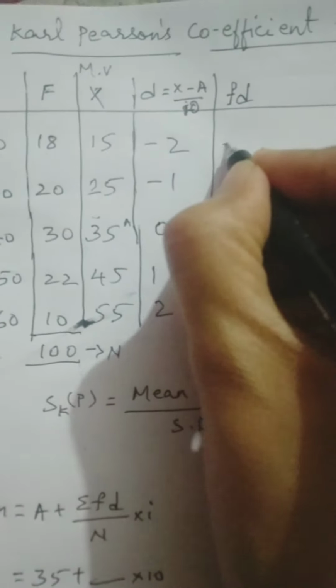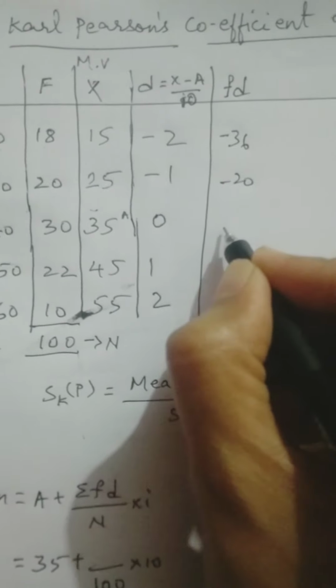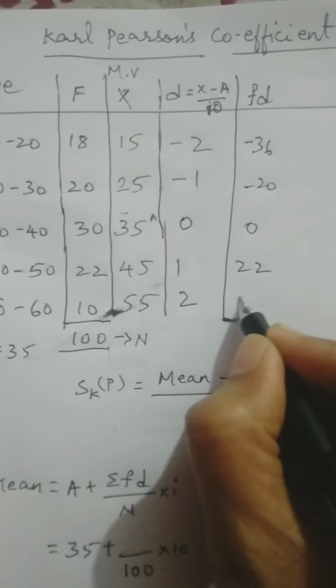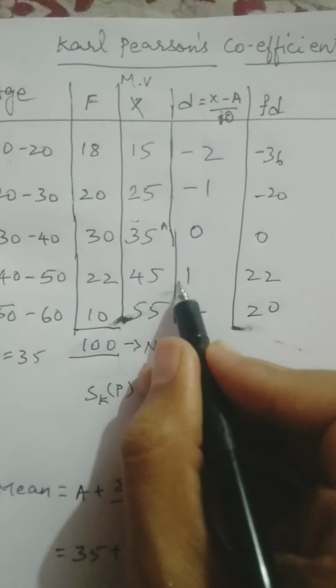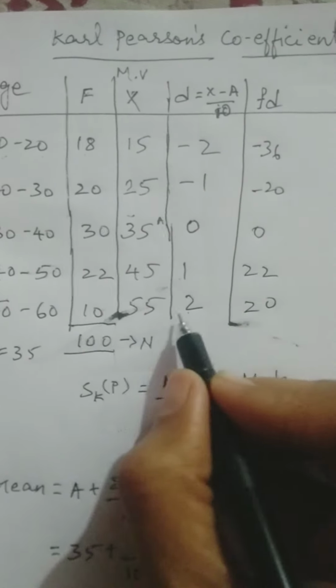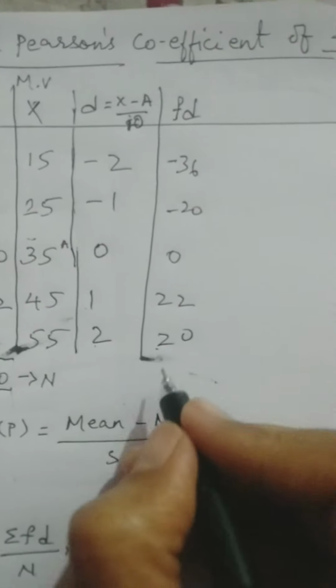So I will get here 18 into minus 2, which is minus 36. Then minus 20. Then 0. Then 22 into 1 is 22. 10 into 2 is 20. Like this you can multiply and get these answers.